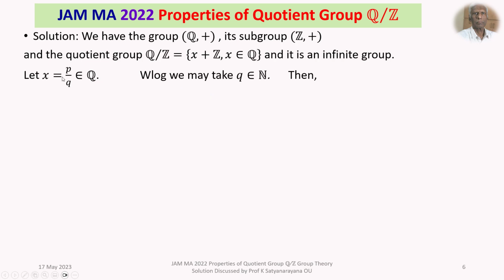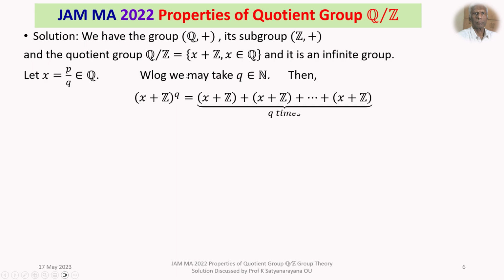Let us take x equal to a rational number p by q, and without loss of generality, the denominator q can be taken as a natural number. In that case, p, the numerator, will be an integer. Then consider x plus Z, the additive left coset, to the power of q.